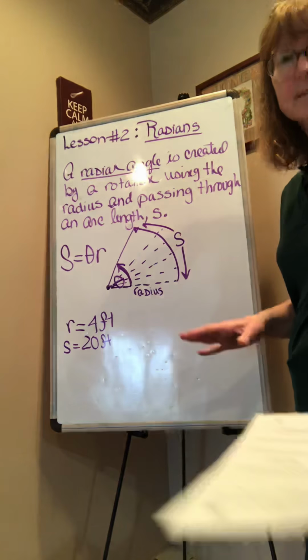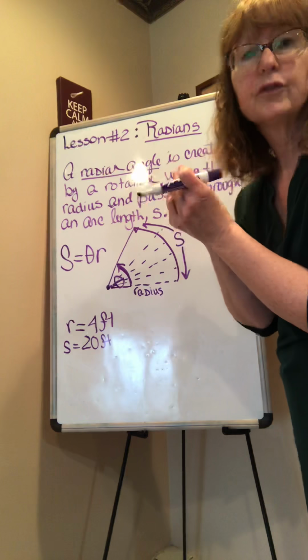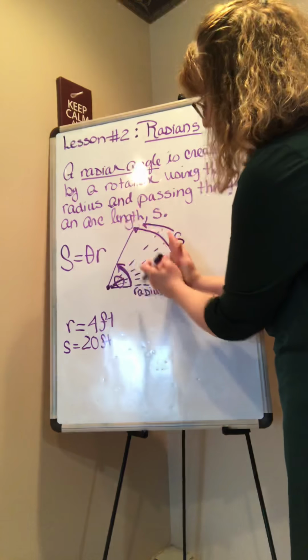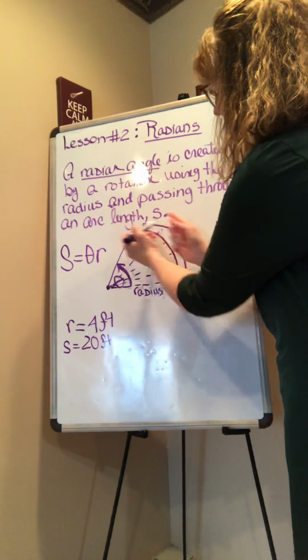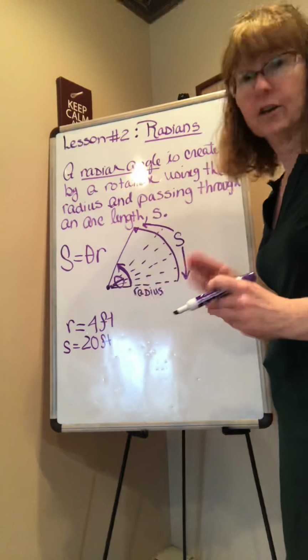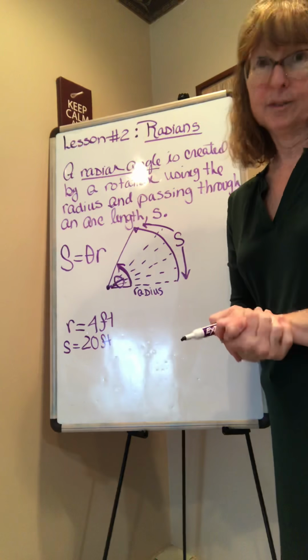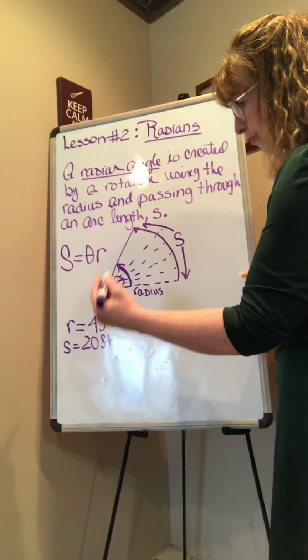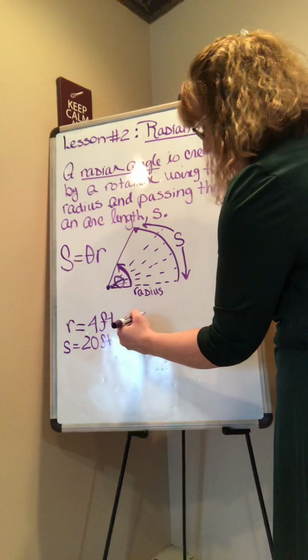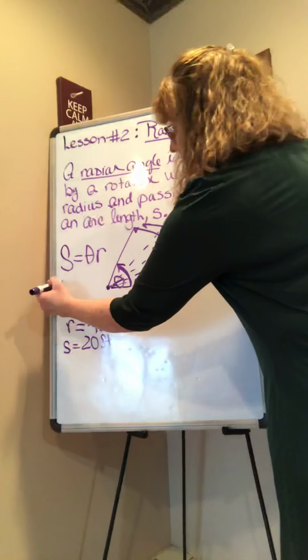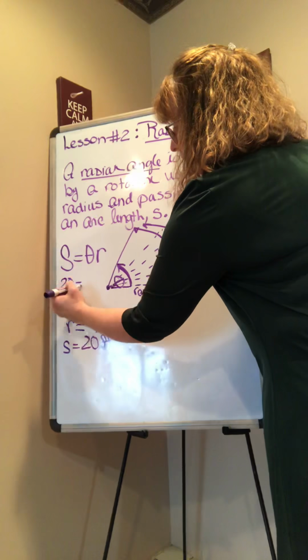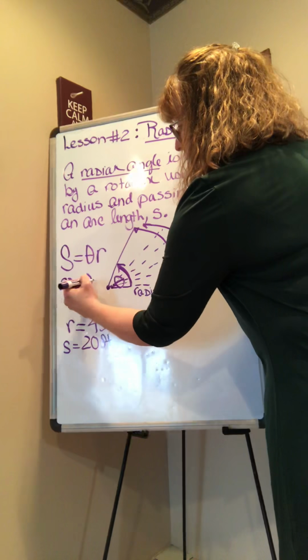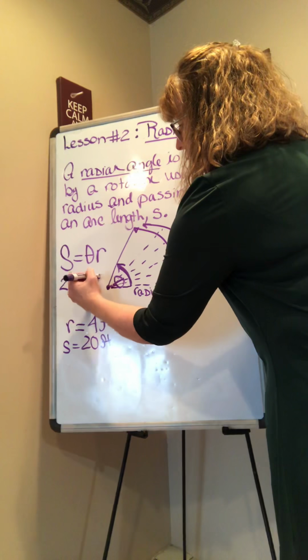If you remember last year, radians are pieces of circles, and notice this is making a portion of a circle, and the arc length is part of the circle. So radians come from circles. And so if we wanted to find out the angle in radian form, we would say, okay, my 20 feet, and I don't know the angle, but I know the radius is 4 feet.